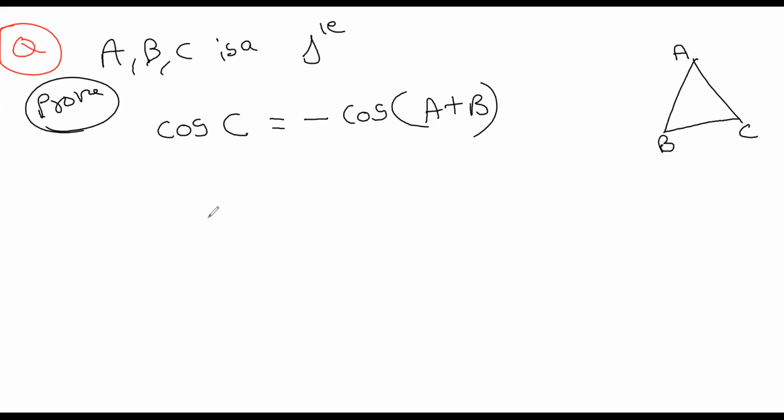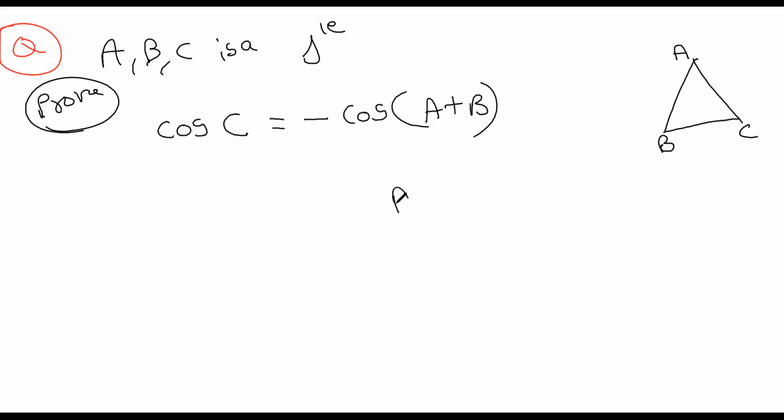So how are you proceeding? I don't know how to proceed. You know we have been doing this since 7th class. Whenever they have given angles, you have to proceed with only one point: the sum of angles in a triangle is 180. In a triangle, there are only two main properties.